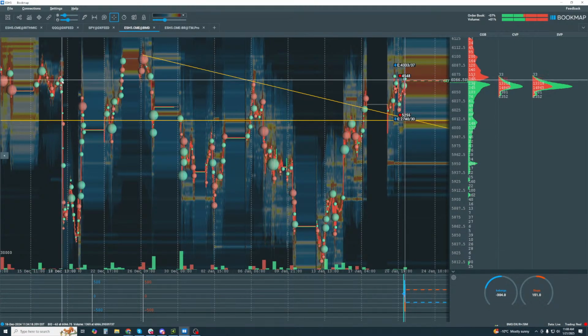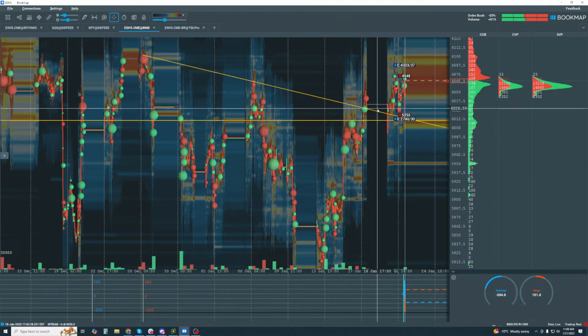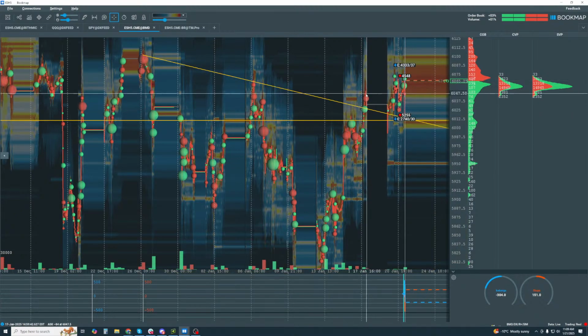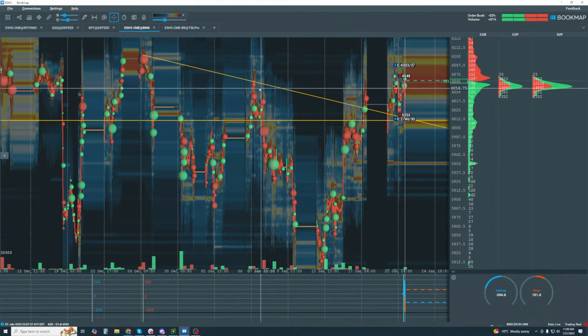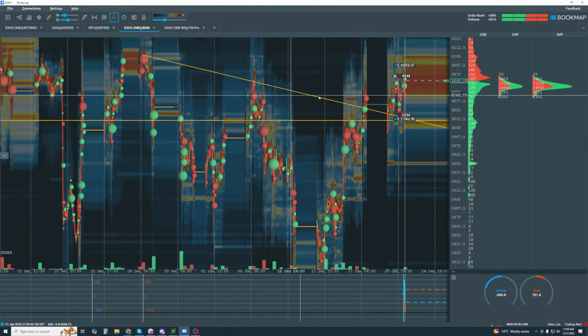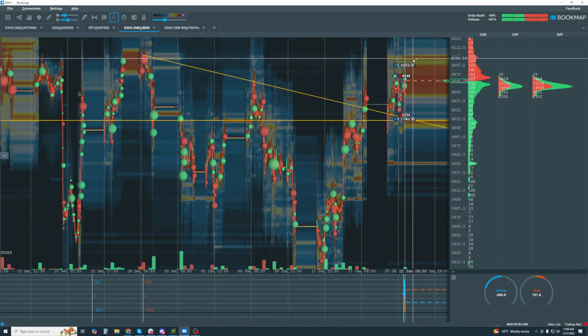Here's our FOMC from the 18th, and look at this, starting to show a pretty nice breakout. It broke out from our trend line. We've got a horizontal line up here. It's kind of struggling at the moment at this swing. We have some swings in here though, and it's above it on some buy volume. So on the higher time frame, still looking for this move up into about 6,100.